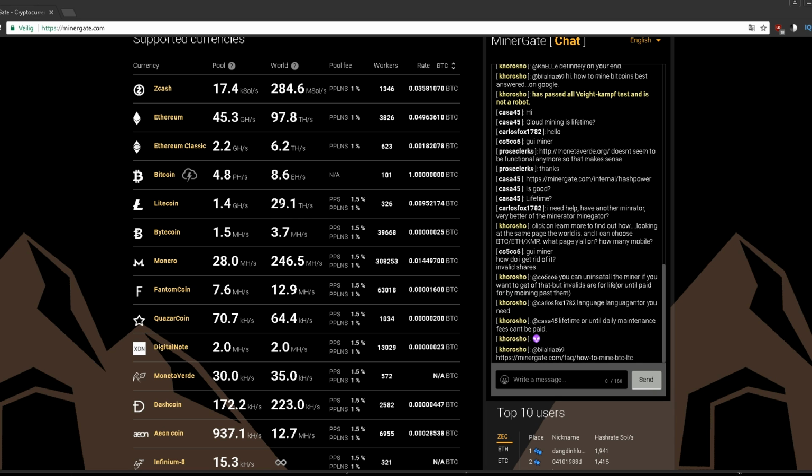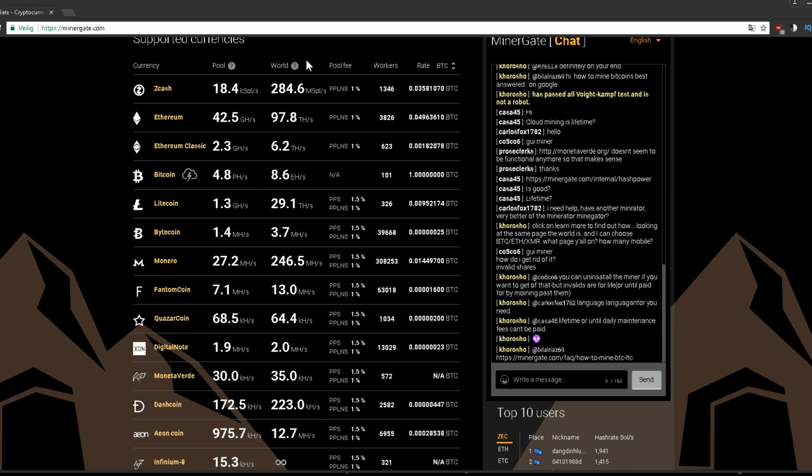For Litecoin, it's 30 terahashes. So yeah, just a few. You can see here, actually, DigitalNote is almost the entire world hash rate in this pool. 2 megahashes.